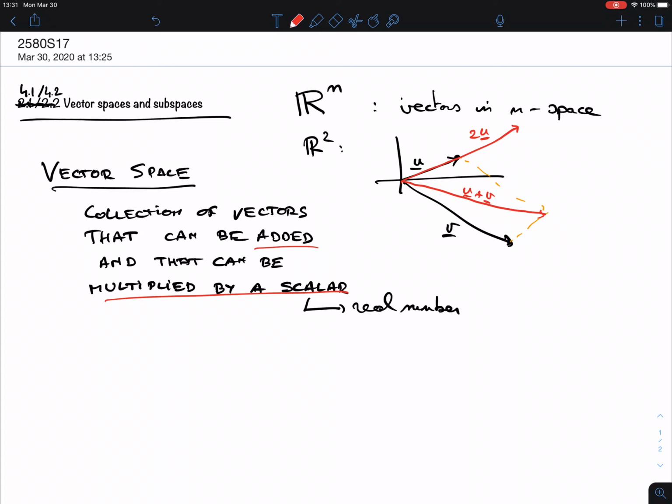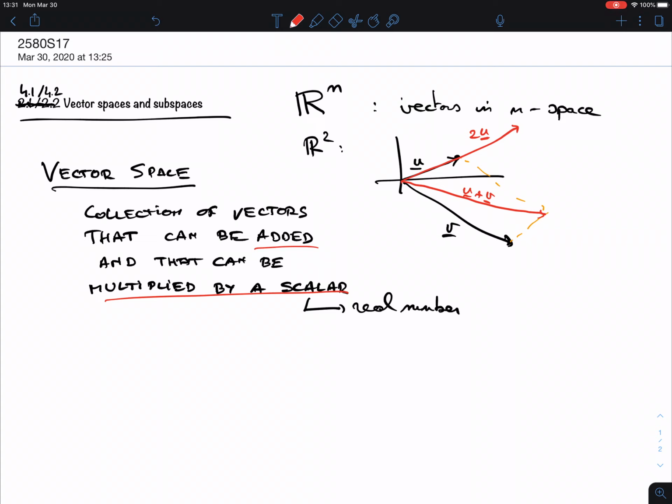So what are examples now of vector spaces other than R square and Rn? Well, in one sense, there are no other examples, and that will be something we'll talk about later. But I'm going to give you a few, but again, the book elaborates much more on them.